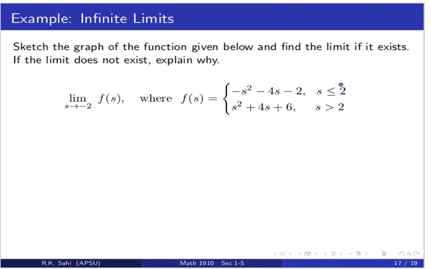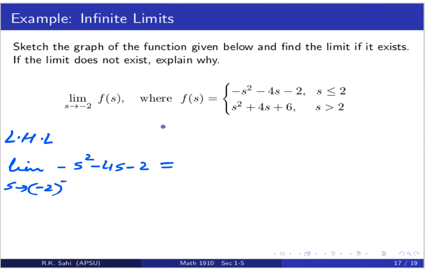If you remember, we did in our previous section 1.4 how to find the limits for these. So once again we will be looking at a left-hand limit and a right-hand limit. Let's look at the left-hand limit as s approaches -2 from the negative side. So this means all the values less than -2, so you're looking at the function on top: negative s squared minus 4s minus 2.